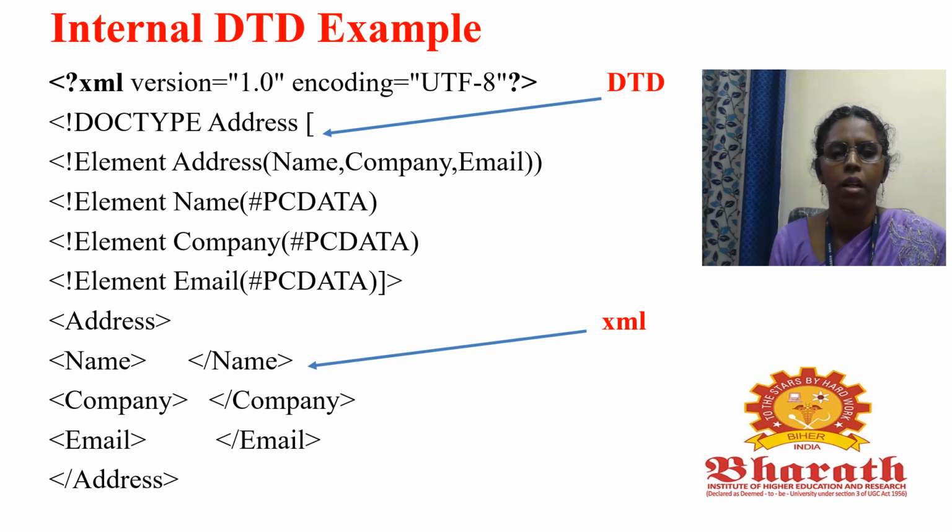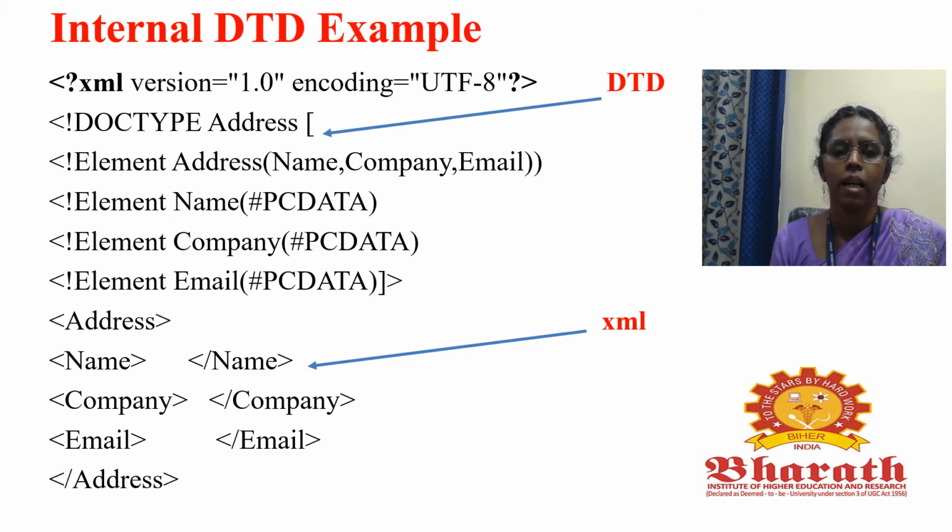Since it is an internal DTD, we are specifying within the XML the name, company and email. Then what structure should it follow? The DTD we are writing within this XML.